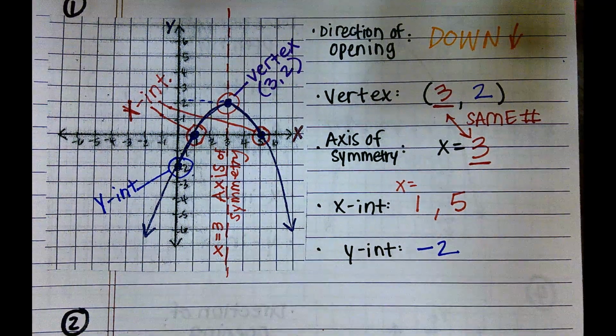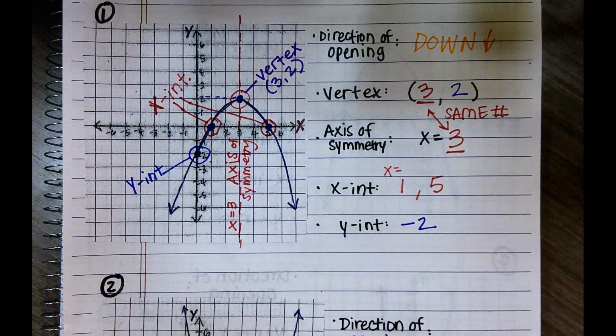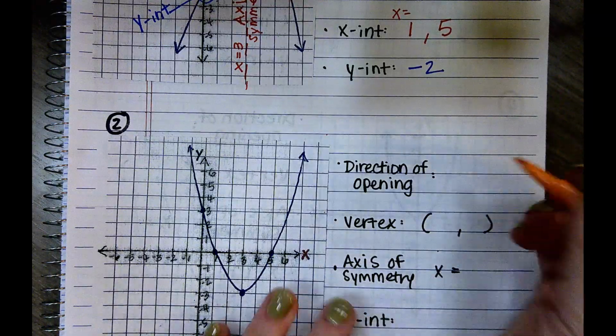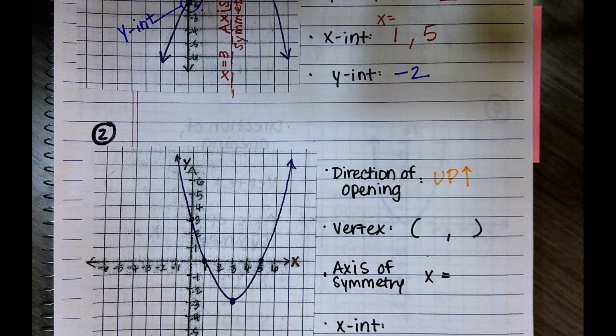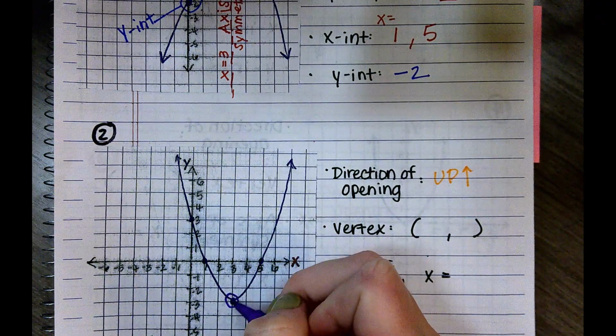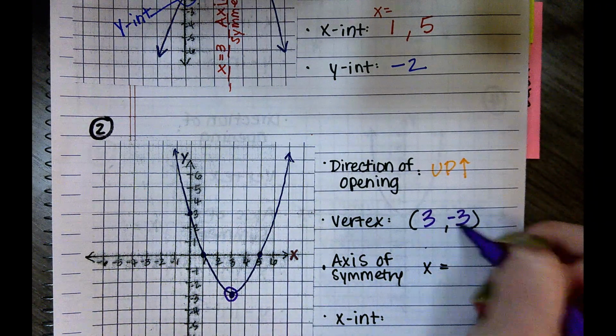Try number 2. Yes, the opening is up for number 2. Up. Where is my vertex? 3, negative 3.